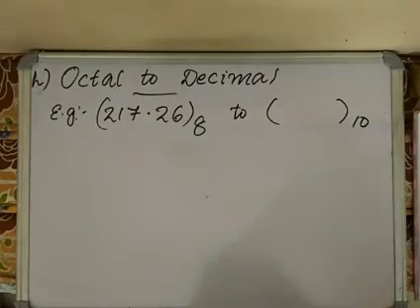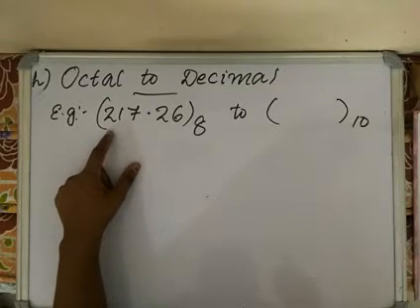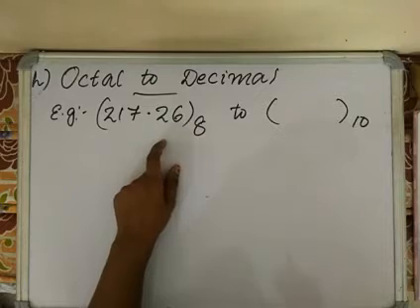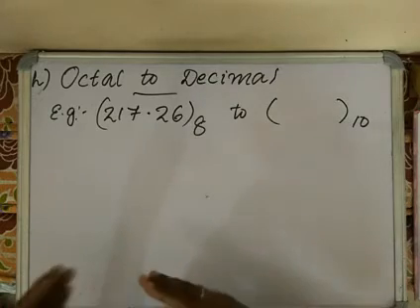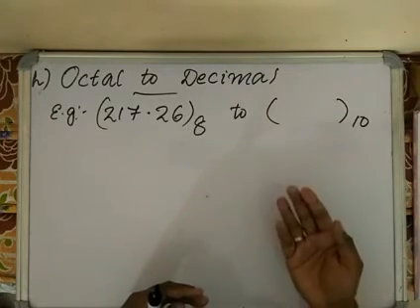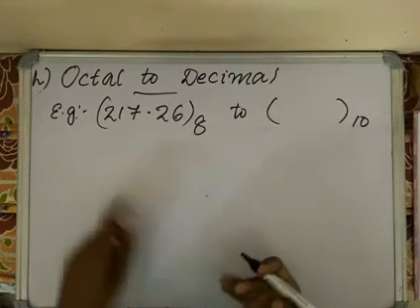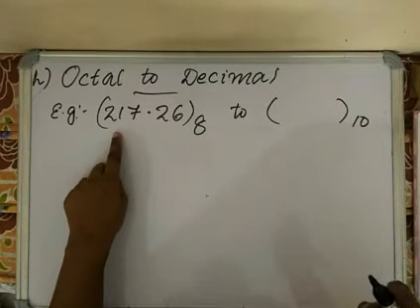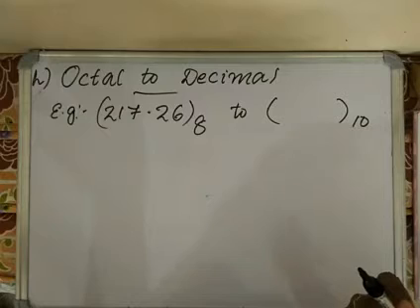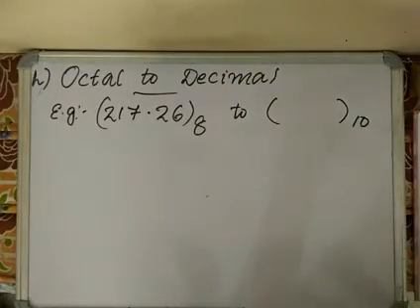Next one is octal to decimal conversion. So the given octal number is 217.26. We have to convert it into decimal. When we convert binary, octal or hexadecimal to decimal, the process is a multiplication process, that is each digit is multiplied by powers of radix.